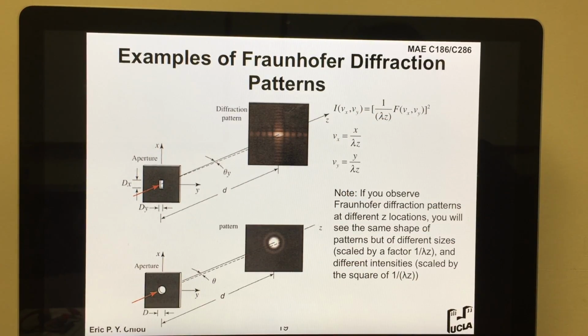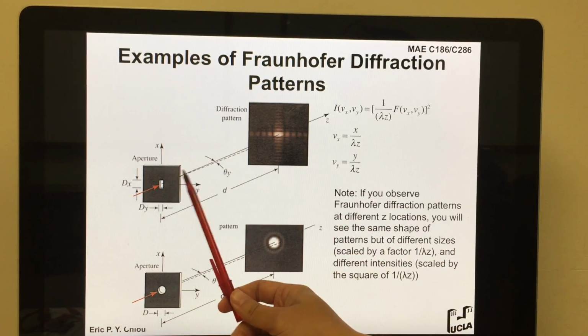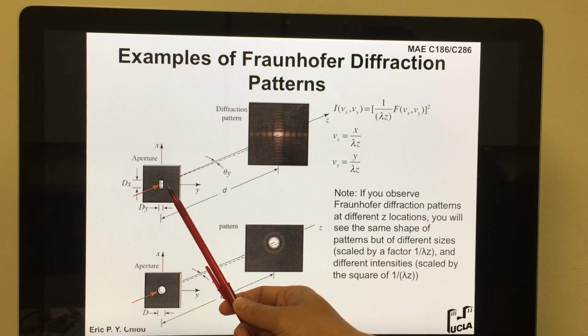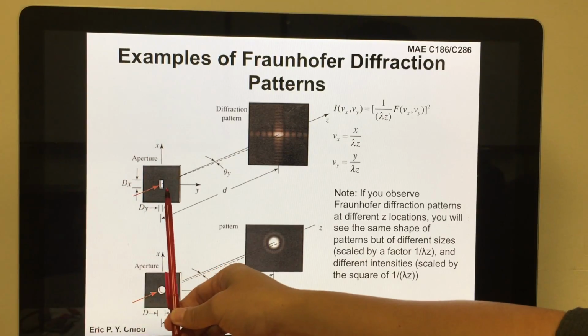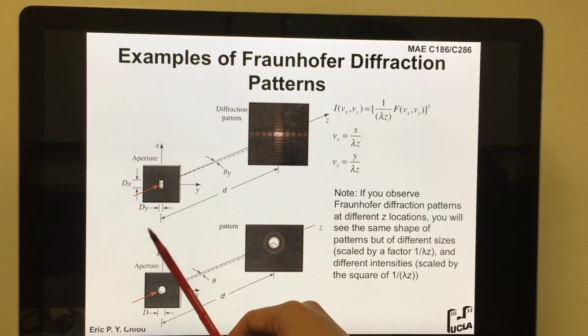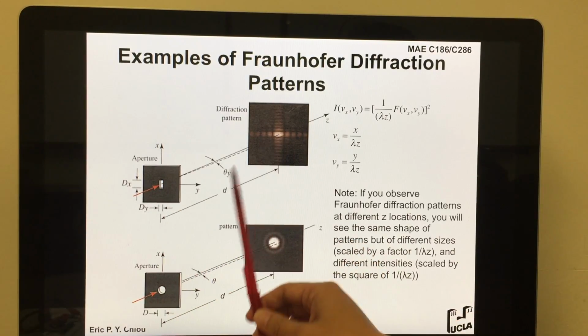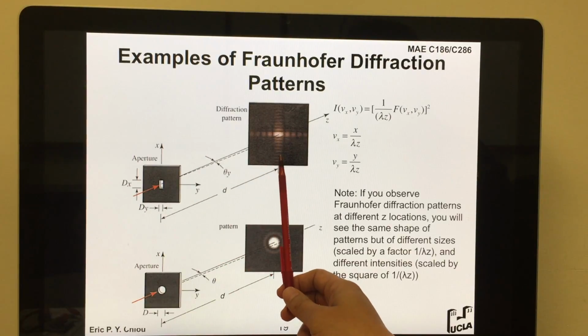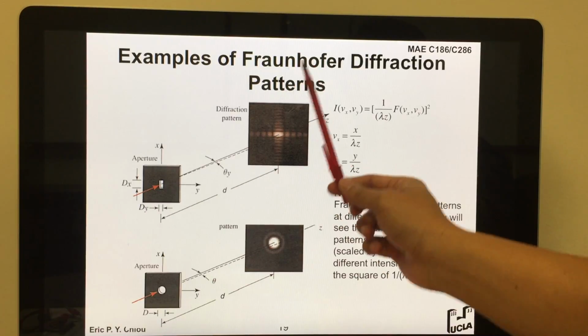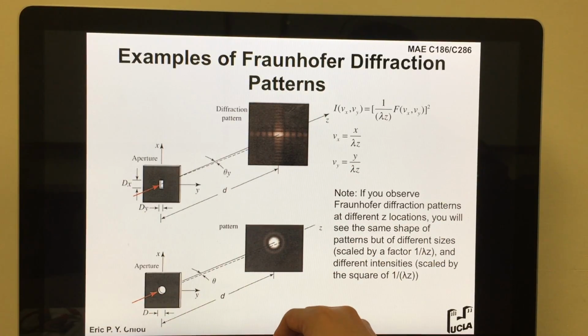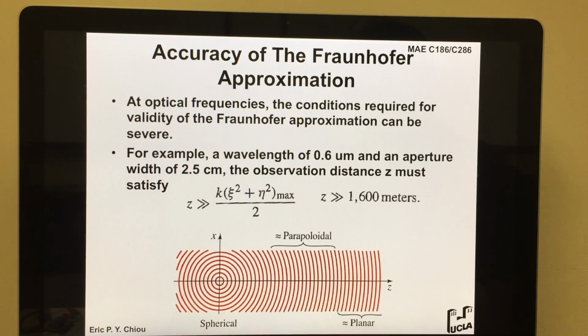If you have a square pattern there, and you shine a plane wave light and let it go through this aperture, this is the diffraction pattern you are going to detect at a distance pretty far away. That's called the Fraunhofer diffraction pattern. Now, how far are we talking about?